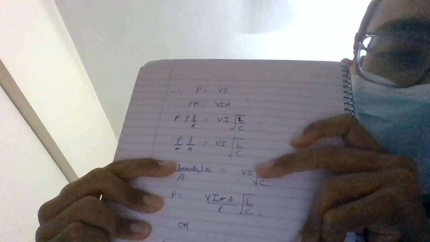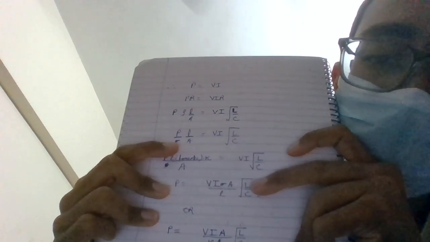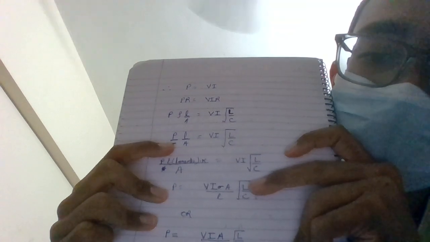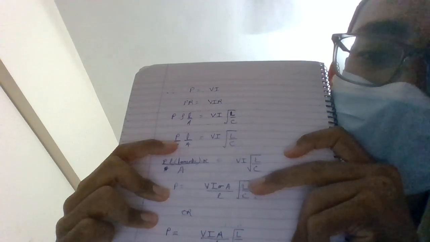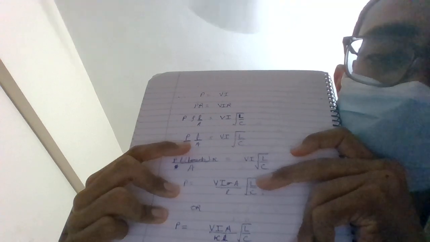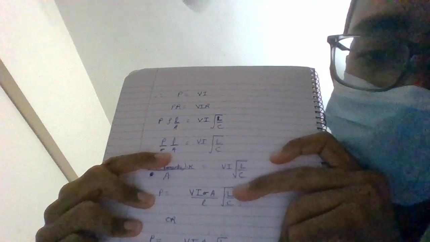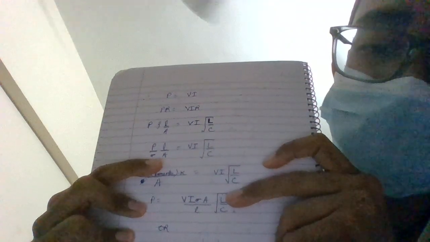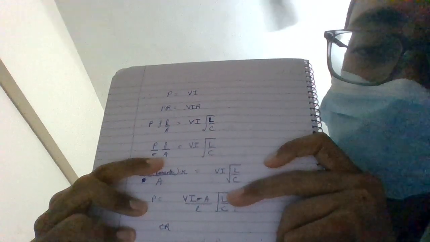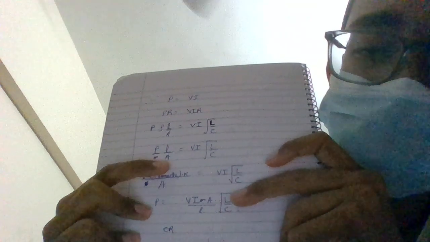Now, again, things are getting even crazier here. This way you'll get P times length upon sigma, that is specific conductance, times A, the cross-sectional area of the wire.